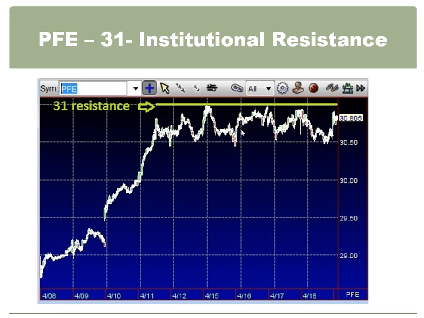So sometimes they like to trade through those numbers by a little smidgen, just to hit all those stops, and then it travels the other way. Even in this Pfizer case, sometimes you'll see it break out, go to 31.05, 31.07, then start to die off, cut back through 31 and really fall. So you need to be cautious of that as well. But this is a classic example of institutional resistance.